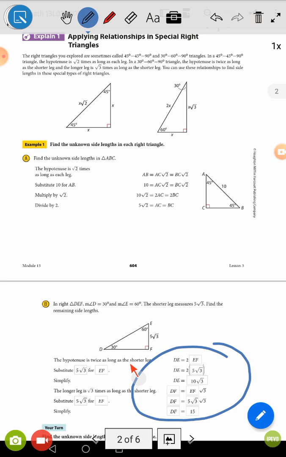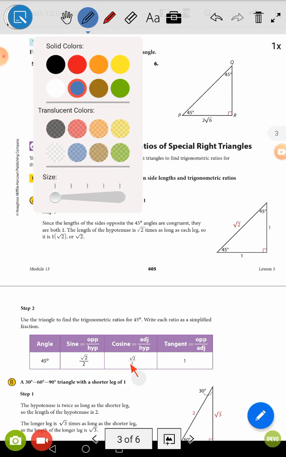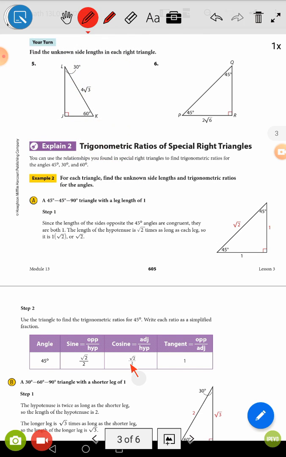Another example. Here, that is 30, 60, 90 degrees. So the side opposite to 30 is x. Here x, and here x root 3. And here, I'm sorry, that is 2x, and that is x root 3.